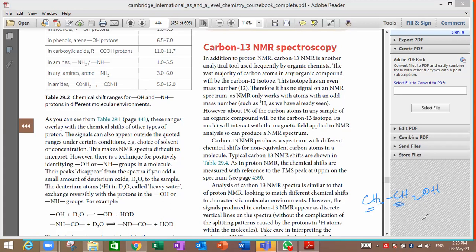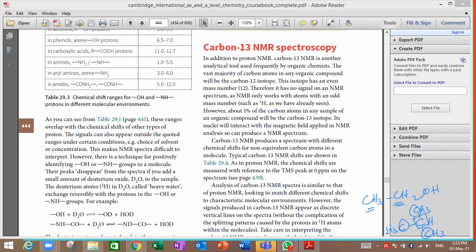If I have CH with CH3, CH3, and another CH3, this means that I have 2 carbon environments. All these methyls are similar, and this is a second one. So in carbon-13 NMR spectroscopy, we are going to search for the different environments of carbon atoms.